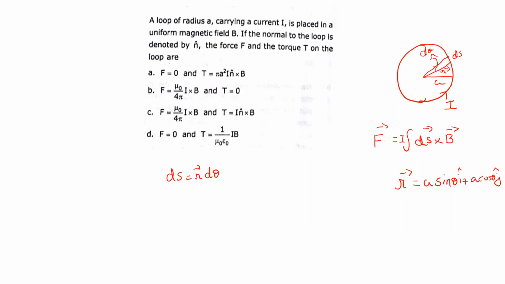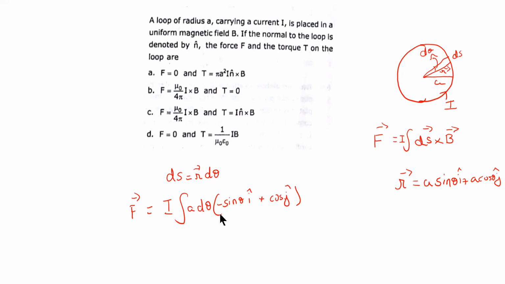So this is the parametric form of the radius vector. Now we just have to substitute and do this integral. So I have I, and ds is nothing but a d theta, and we have sin theta i plus cos theta j.